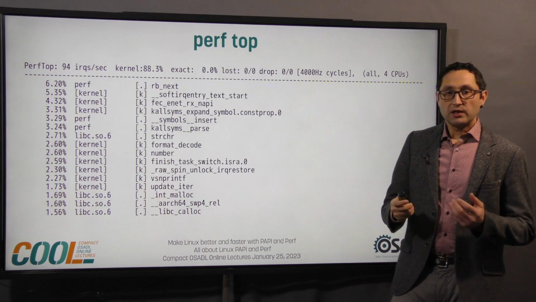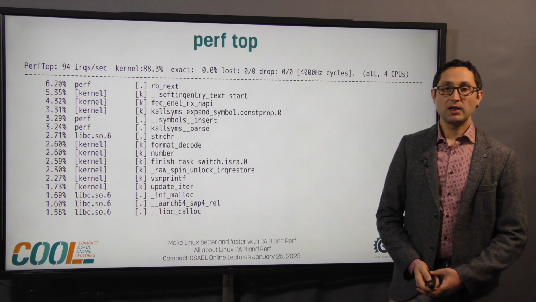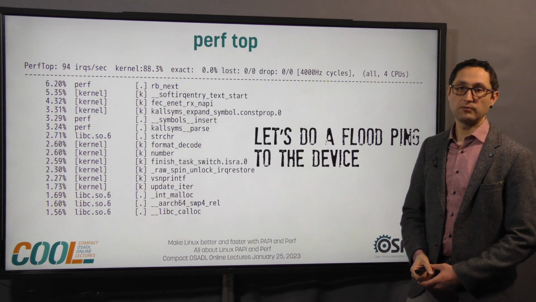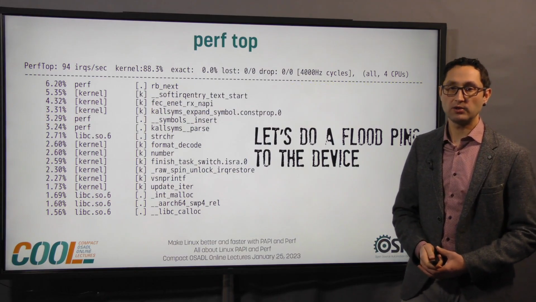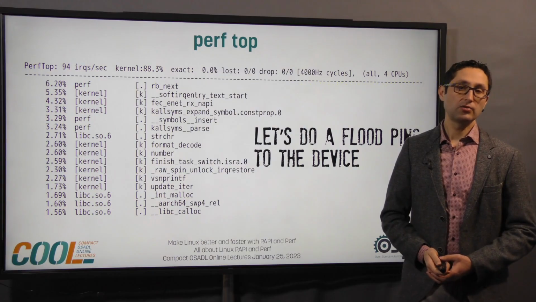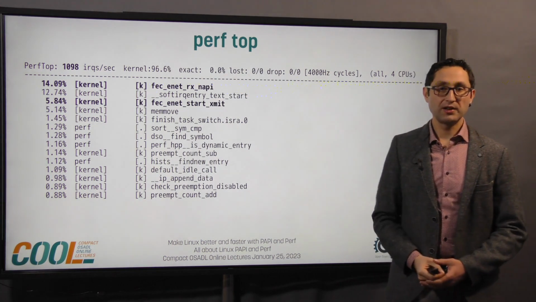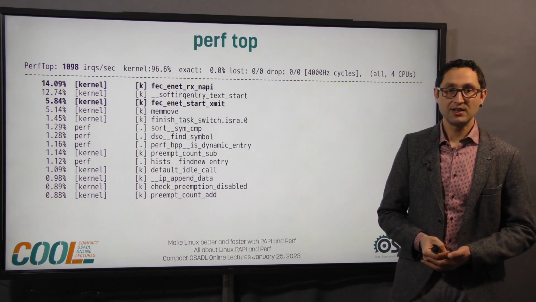So just to give you an idea on this, this was an idle system on my IMX8, and well, I decided to run a flood ping on this, which I would expect would cause a very high number of interrupts. So let's see how this reflects in perf top. Well, first of all, on the bottom left, you can see the number of interrupts has significantly increased.